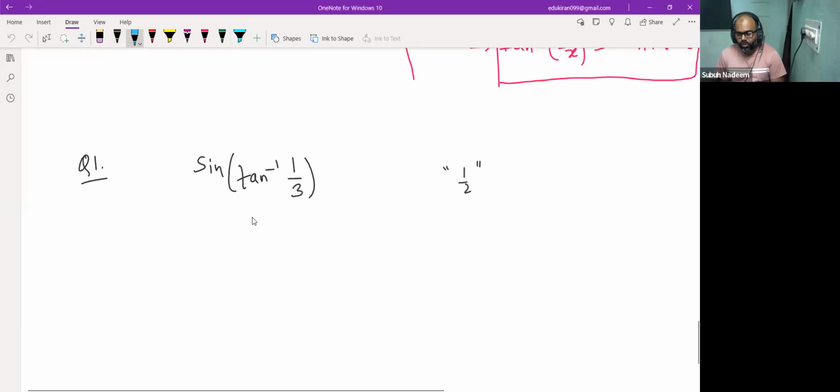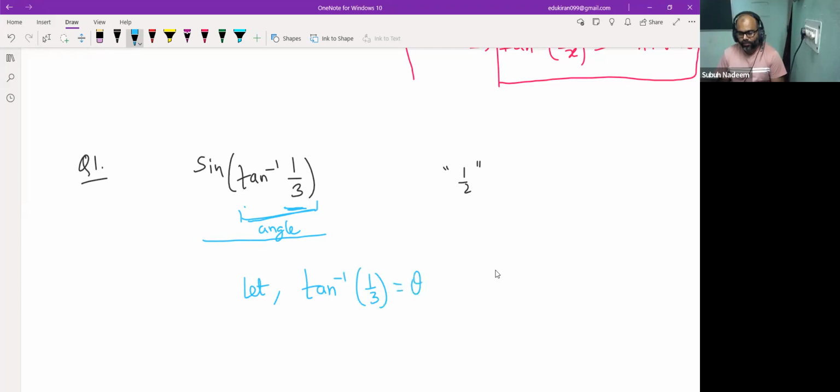So let us check. What we do, we consider this is the value, and tan inverse 1 by 3 will give you an angle, and then sine will act on it, and again you will get a value. So you can suppose let tan inverse of 1 by 3 is the angle theta.